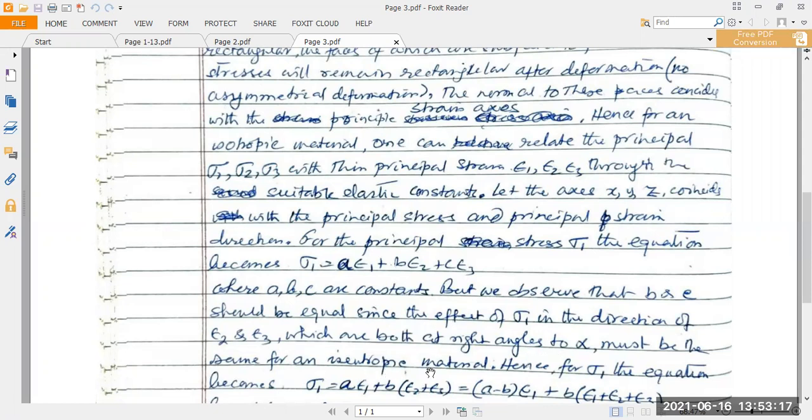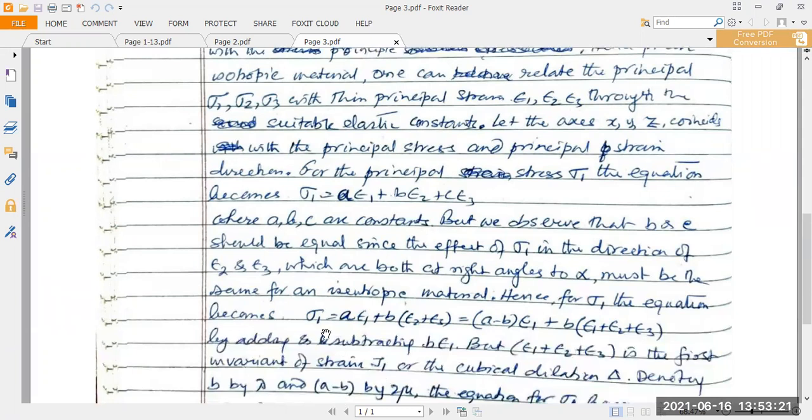So for an isotropic material, the sigma 1 equation becomes sigma 1 equals A epsilon 1 plus B into epsilon 2 plus epsilon 3. If we add and subtract B epsilon 1, the equation becomes A minus B epsilon 1 plus B into epsilon 1 plus epsilon 2 plus epsilon 3.